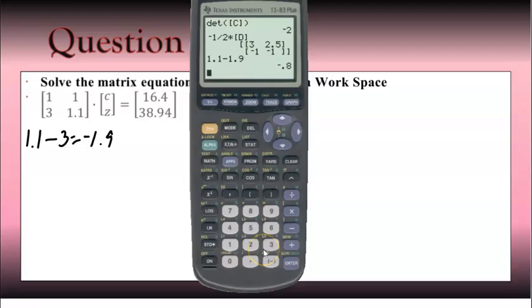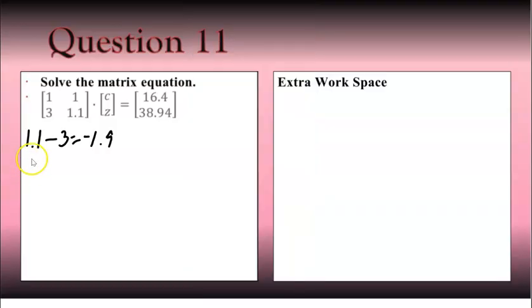So let me do that again. So 1.1 minus 3. That gives us a -1.9. If I do the reciprocal of it, I just have to do the inverse of -1.9. That gives us a really long decimal, but putting it as a fraction would give us a -10/19.